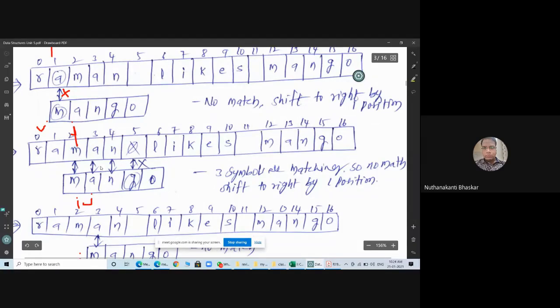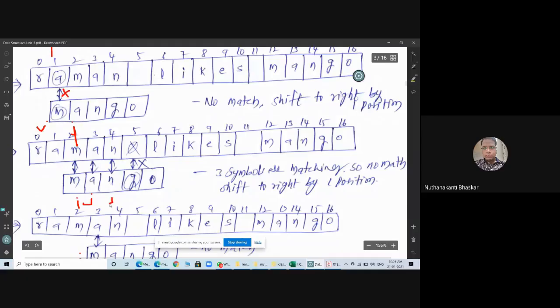Now A matches A, so j is incremented by 1. Then the next character matches, and j is incremented by 1 again. Now, this is empty and this is j; not matching.